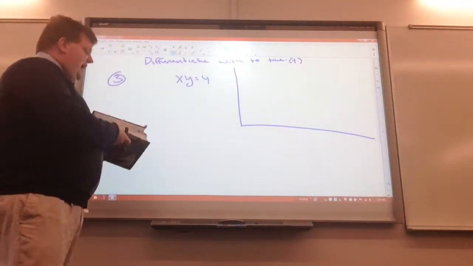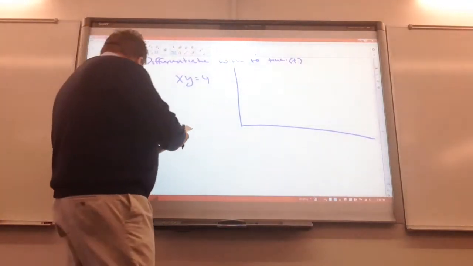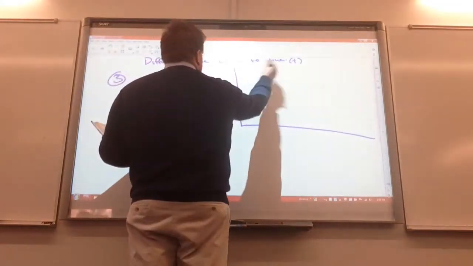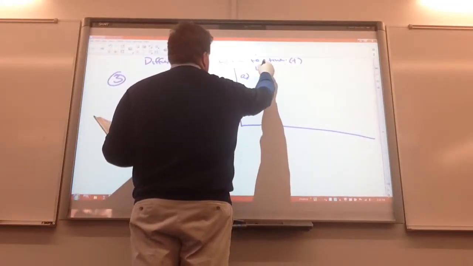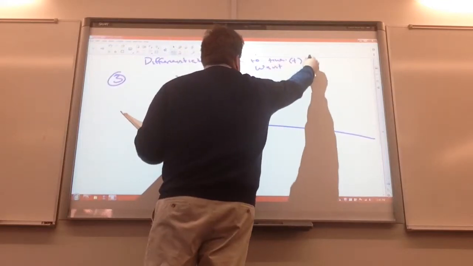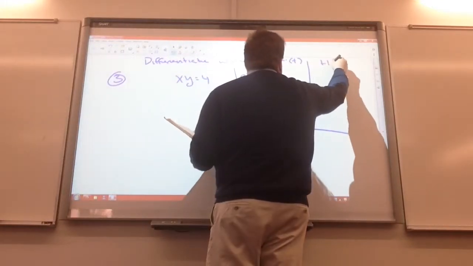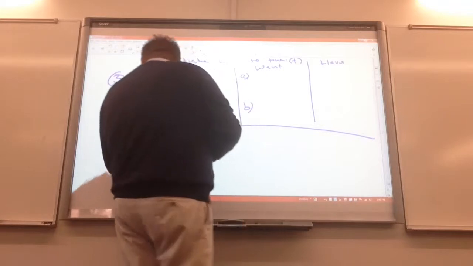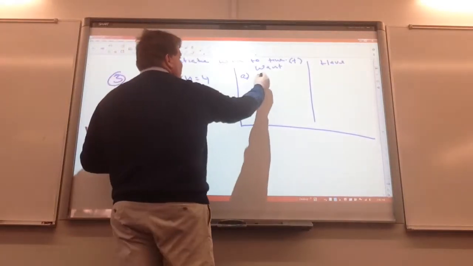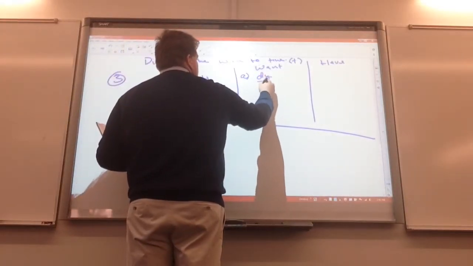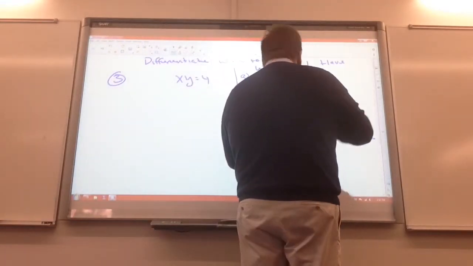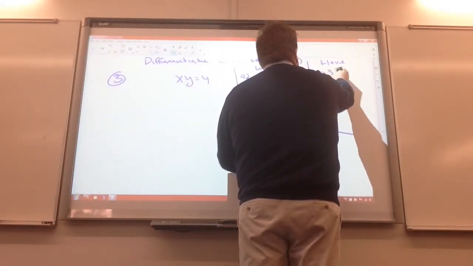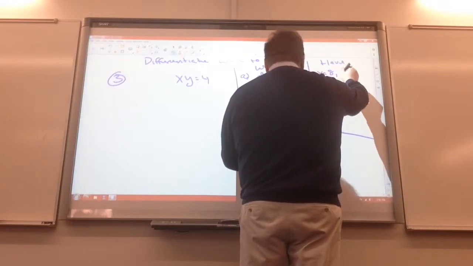Now we actually have 2 other things going on here. We have one problem A and one problem B here, kind of both. This is going to be what we want column and what we have. Okay. So for A, we want dy by dt, and what we have there, okay, is x is equal to 8 and dx by dt is equal to 10.